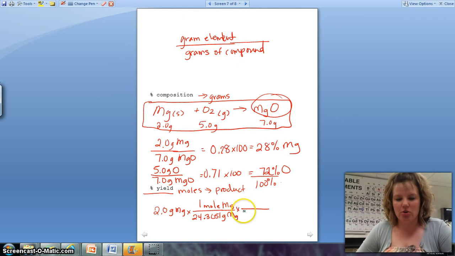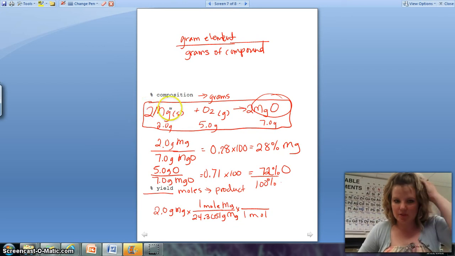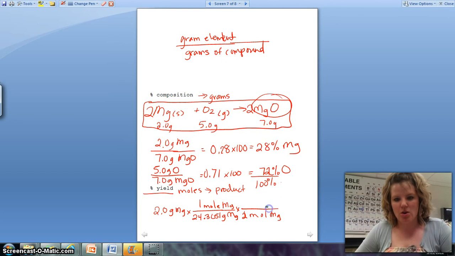Okay, so you'd have 1 mole of magnesium. And I better balance this chemical equation here. So we actually have 2 moles of magnesium over the 2 moles of magnesium oxide.